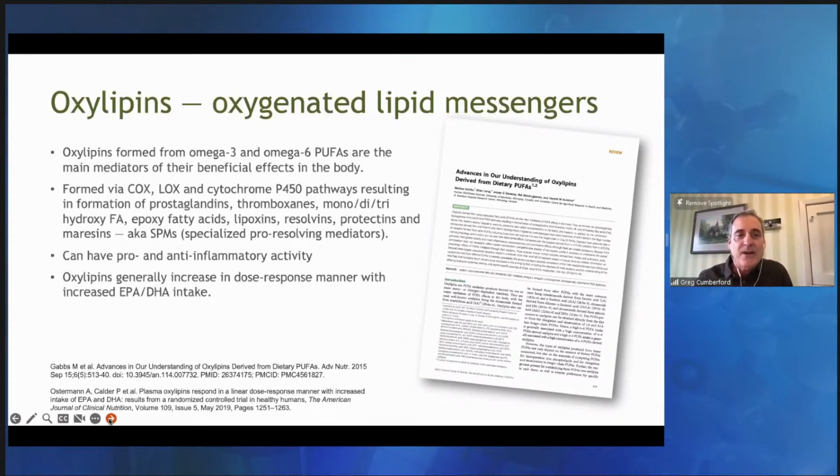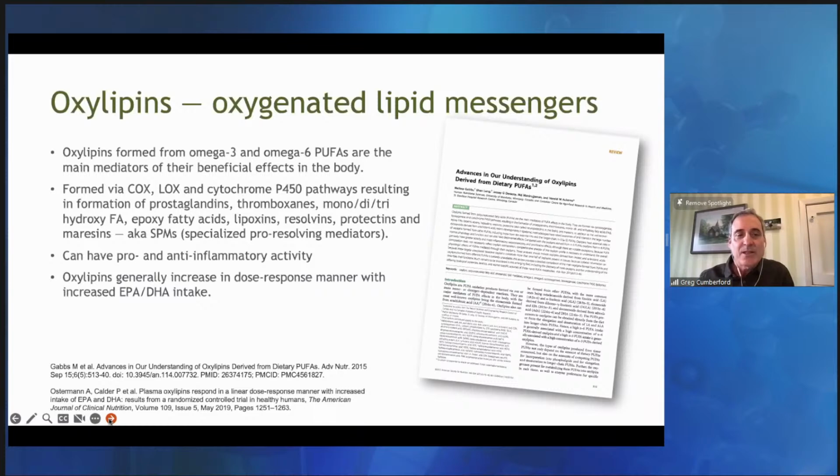They're formed by the cyclooxygenase, lipoxygenase, and cytochrome P450 pathways, resulting in the formation of all these different arrays of molecules that really are linked back to the desirable pro and in some cases anti-inflammatory effects.